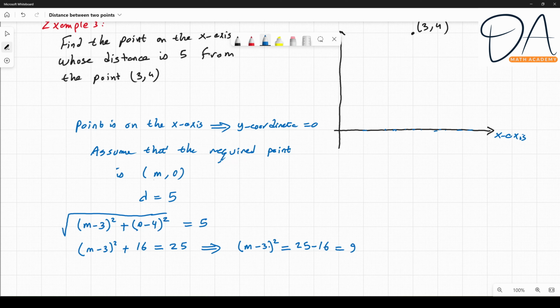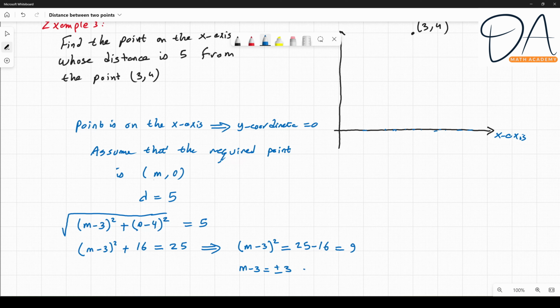So to get the value of m, we can take the square root of both sides. Then you will get m minus 3, and the square root of 9 is 3. But you need to consider both possibilities, plus and minus, because if you square minus 3, it will give you 9. So always when you're taking the square root of a number, you have two possibilities to consider, the plus and minus.